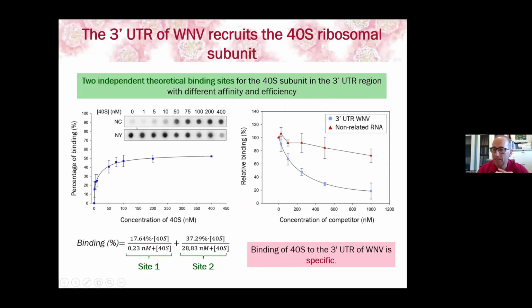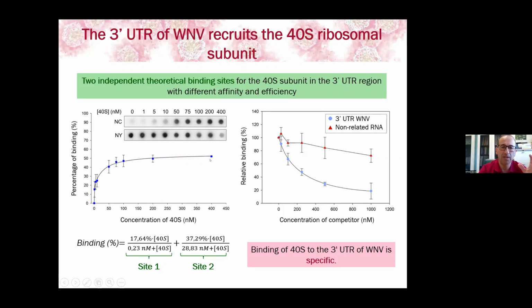So in order to understand that, the first thing we tried was to see whether the 3' UTR is able to recruit or bind the ribosome. So we did a simple experiment in vitro, just with the RNA, to test whether the RNA was able to recruit a purified 40S ribosomal subunit.